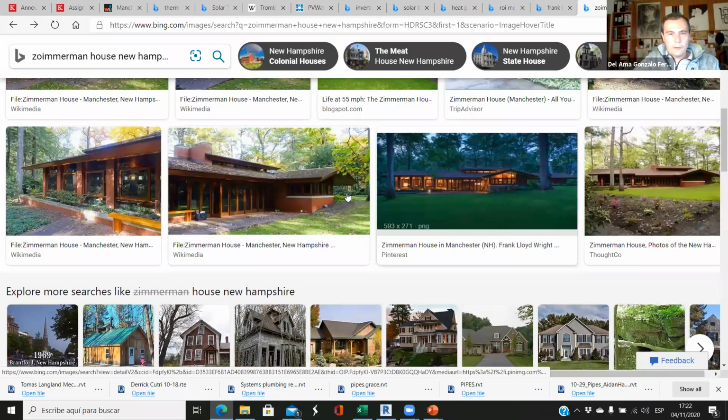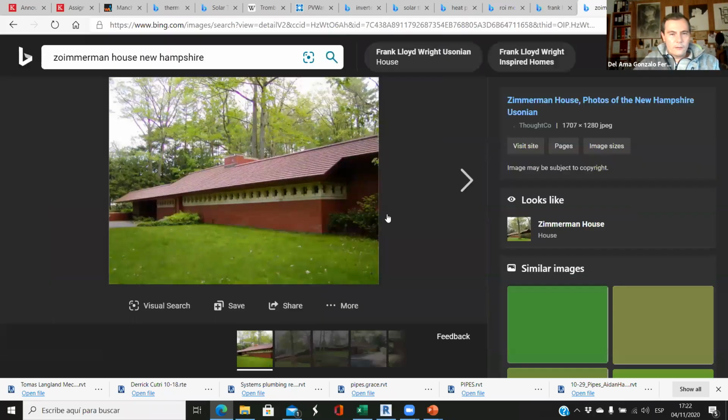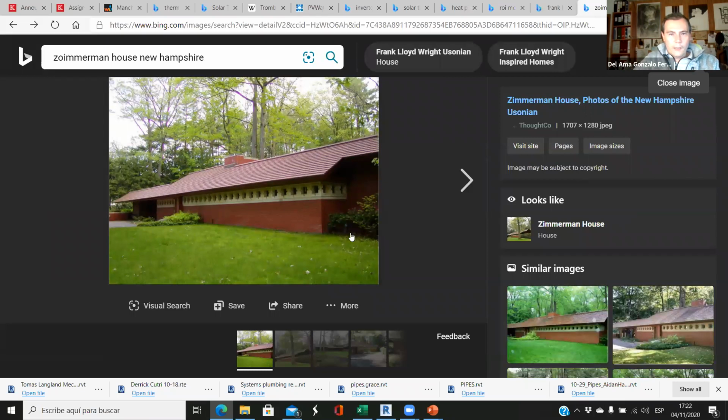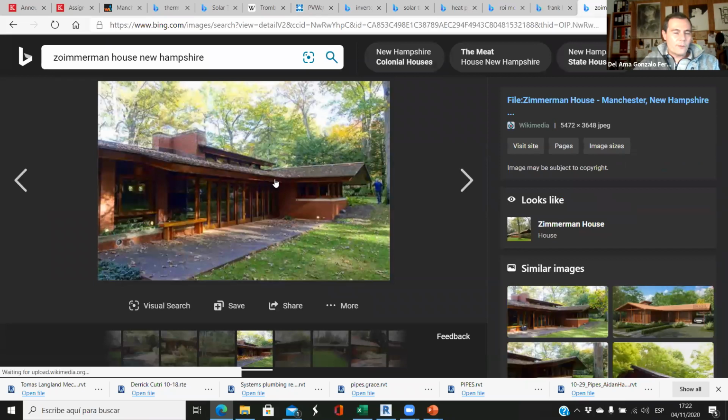South elevation, north elevation, and overhangs to protect the south elevation from the summer solar sun. Okay, so that's it. And the fireplace here in the middle of the house.